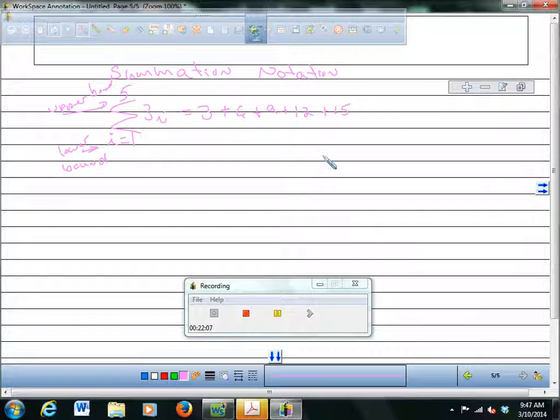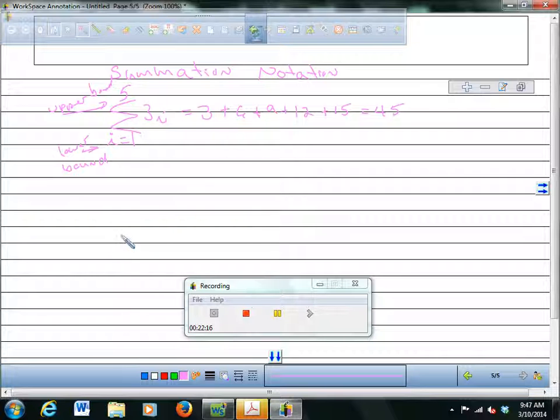Maybe at the end I'll show you how to do this on your calculator. If you add those all up, 9, 18, 30, 45. So it says take all the numbers and add them up from 1 to 5.